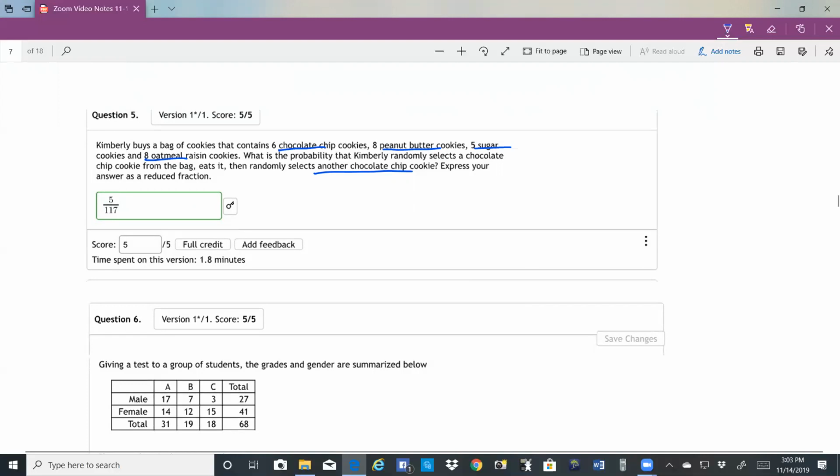First of all, notice that there are 27 cookies total. Add up all the cookies, and 6 are chocolate chip.